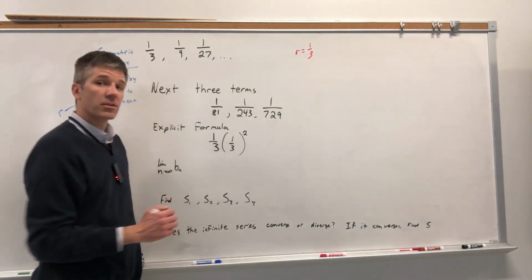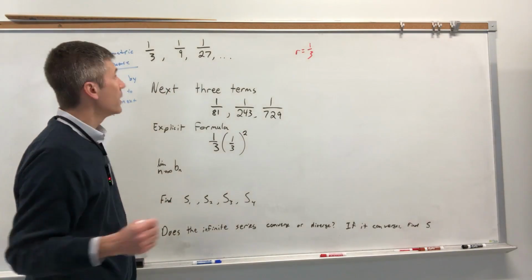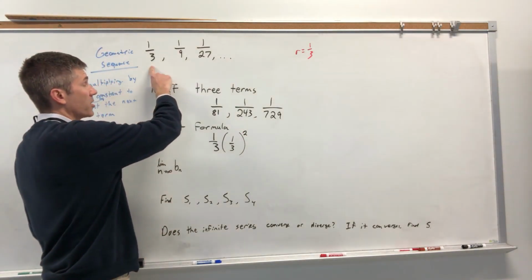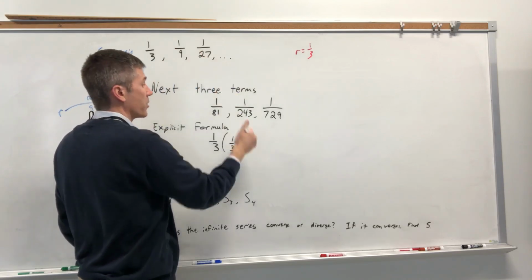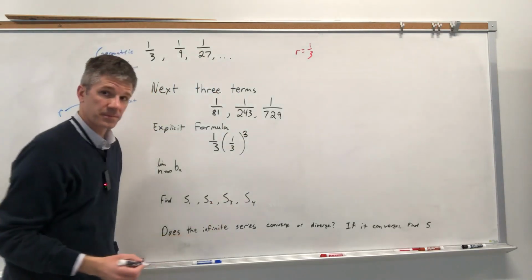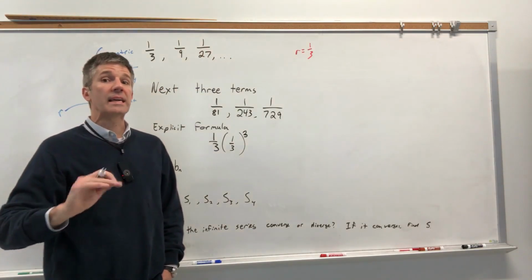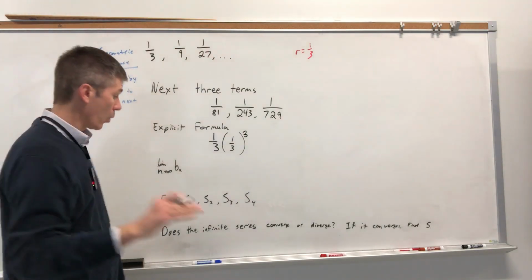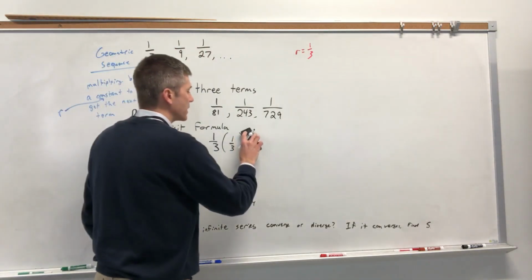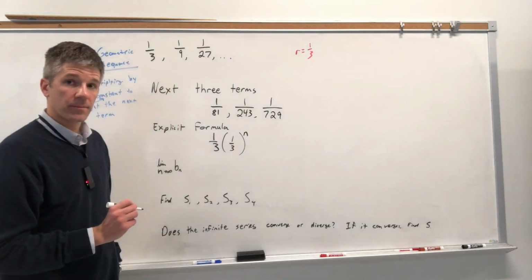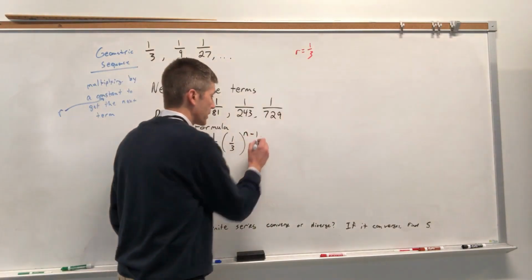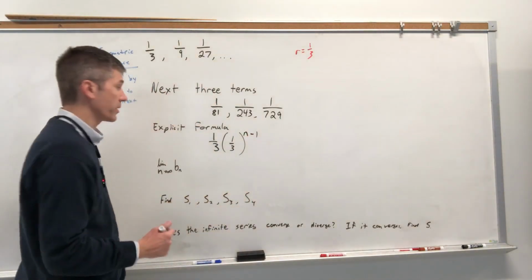If I wanted to get to my fourth term, I would take my first term and multiply by common ratio, common ratio, common ratio. I'd have to do this 3 times. So for any given term that I want, I would need to multiply by my common ratio that many times minus 1. Minus 1 because we already had a starting point.